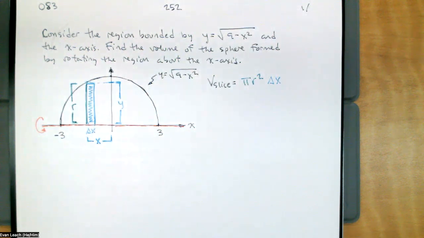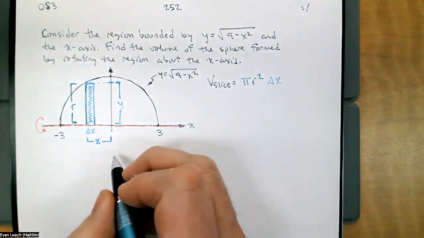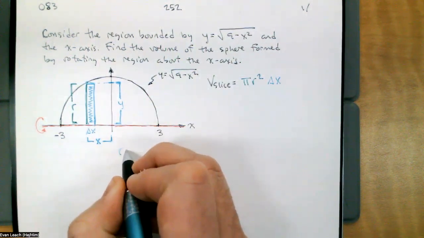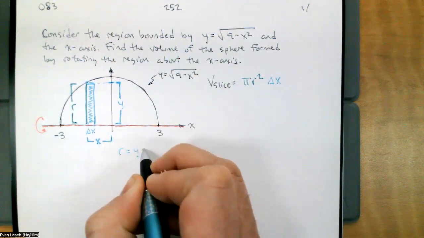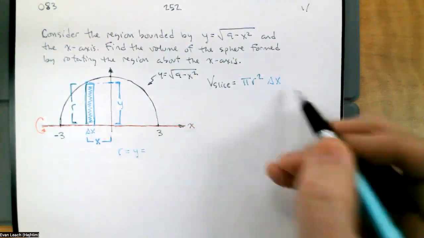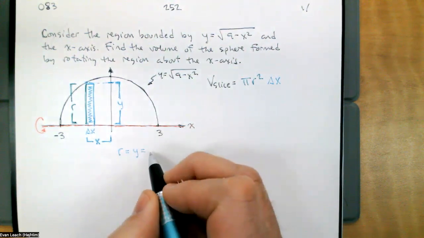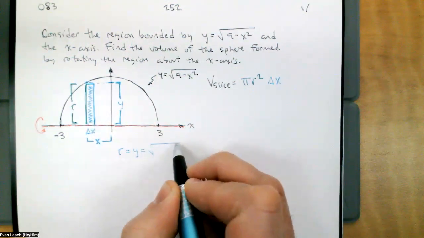So we need to write r in terms of x. It starts off with r in terms of y. So we can see that r is equal to y. But that's no good. Our delta variable is delta x. So we want to write y in terms of x with the function.